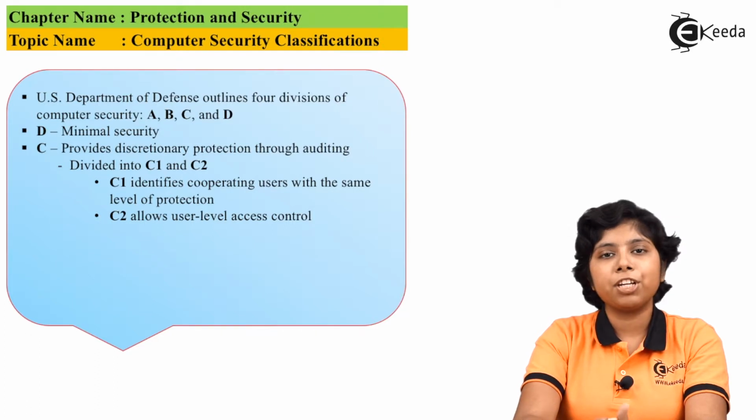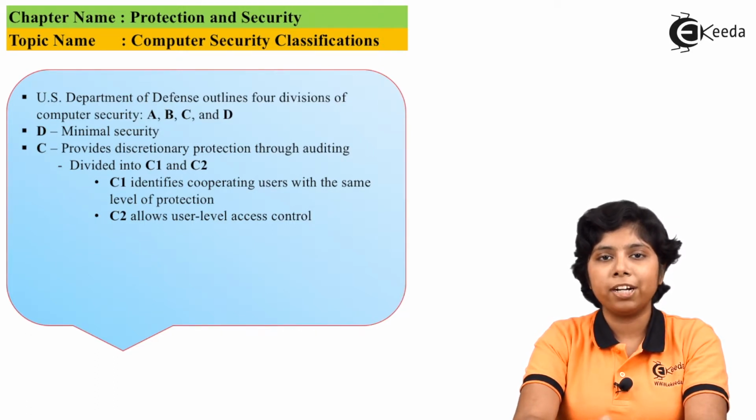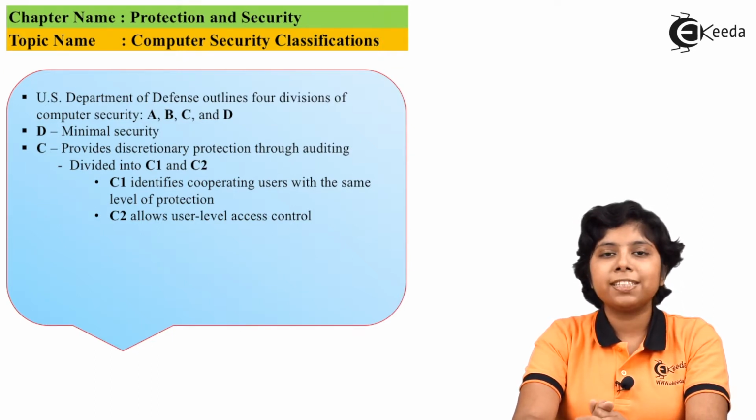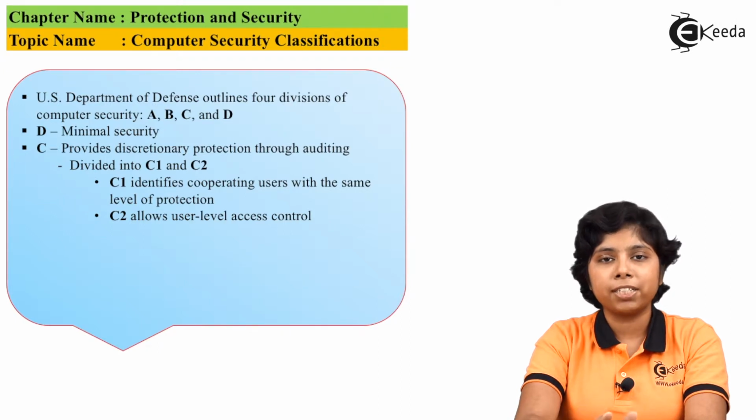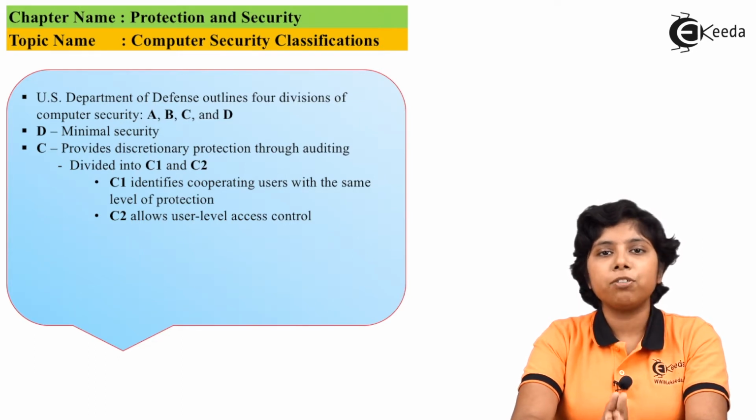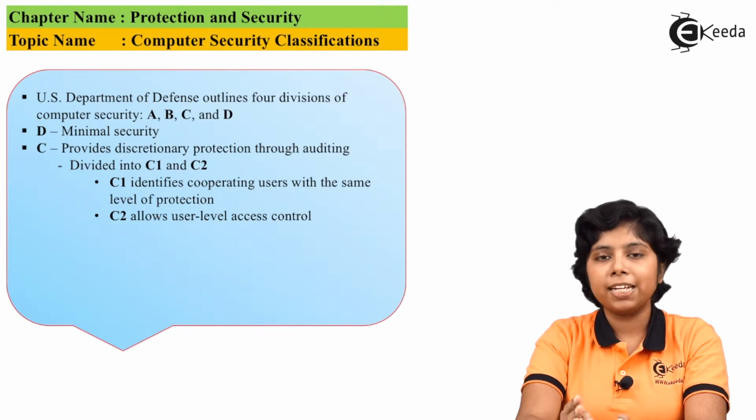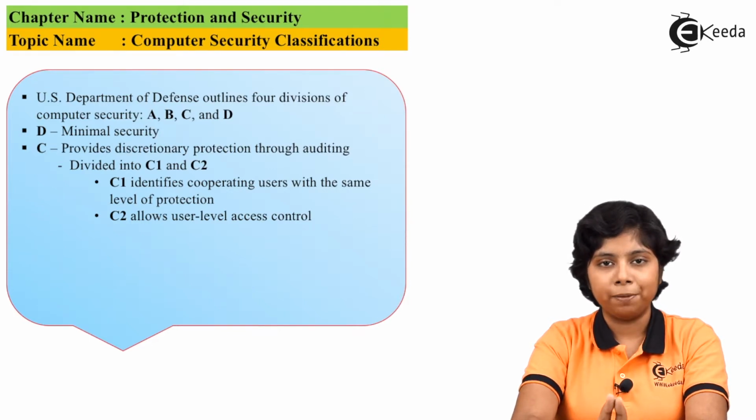Throughout our classification of computer security, we will mention this TCB as a security protection measure. This TCB contains the users' access information, such as the passwords associated with each user. Whenever the user gives their user ID and password as input, it is matched against the password stored in the TCB to authenticate the user for file access.